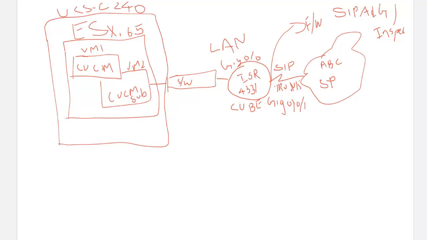Sometimes there is no natting, and then the private IP address in the SIP header is sent to your service provider, and the service provider doesn't know where to send the RTP back because this private IP address in the SDP connection information header is not routable, so this is why you have some audio issues. Going forward, we will also be talking about some troubleshooting tips and tricks, so make sure you watch this series. It's going to be an interesting series.